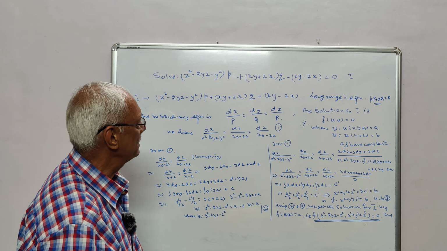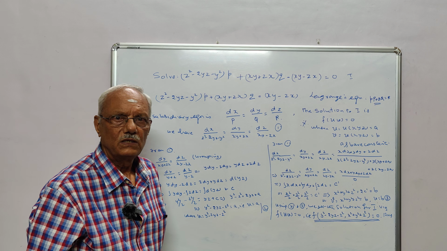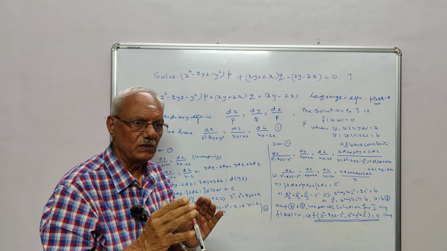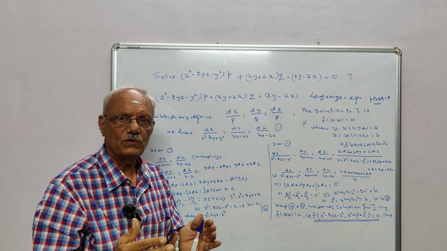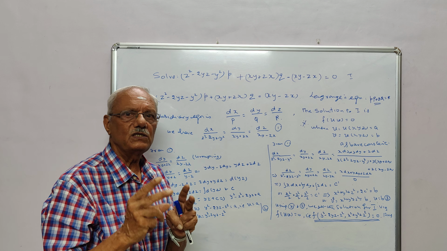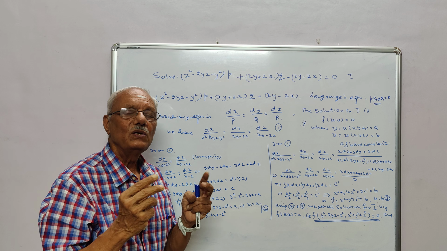So what I do here is, once this is given, I write this subsidiary equation. Once you write the subsidiary equation, our job is to find the two functions u and v. The two functions u and v can be obtained using two methods.